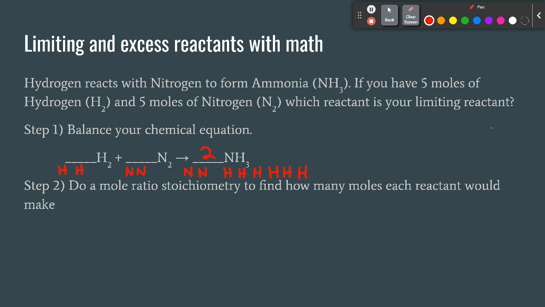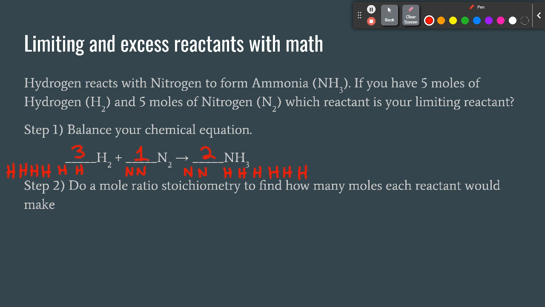Now we have to balance our hydrogens on our reactant side. What times 2 equals 6? 3. So I'll put a 3 in the blank. And now I have 6 hydrogens. We can leave the nitrogen with nothing in the blank, or we can add a 1. Both are correct.